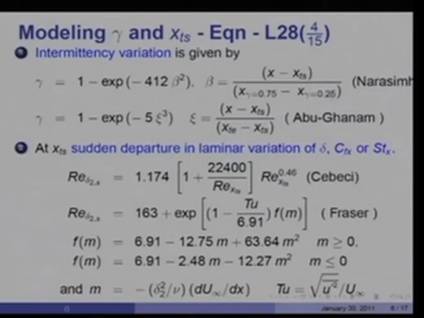Now, this is of course very well to use in an experimental setup, because you can see where the intermittency is 0.75 and 0.25, and therefore determine the denominator quite exactly.